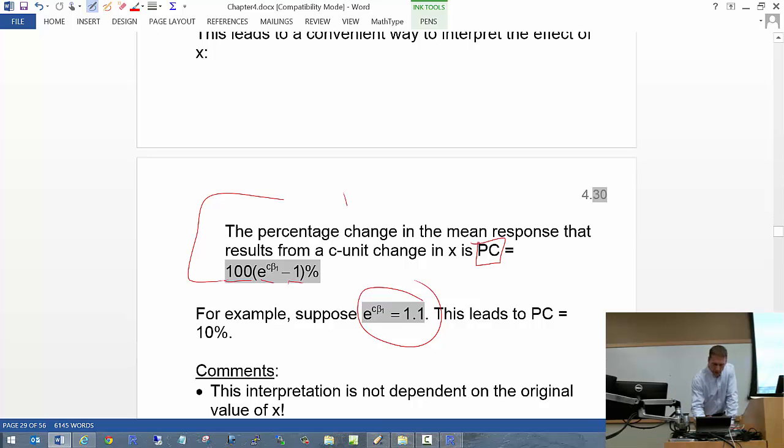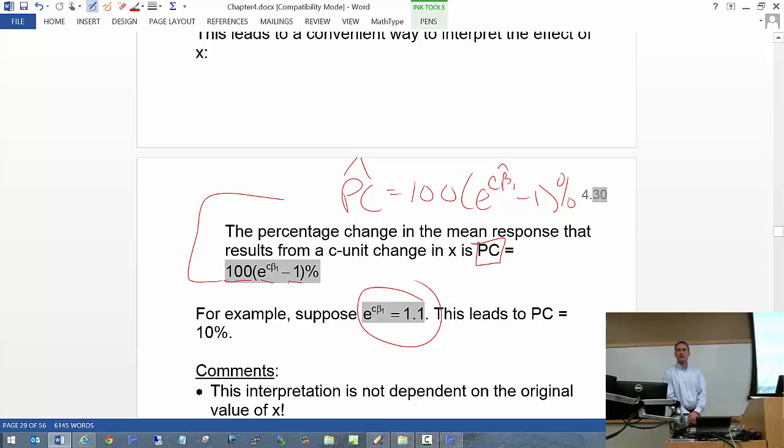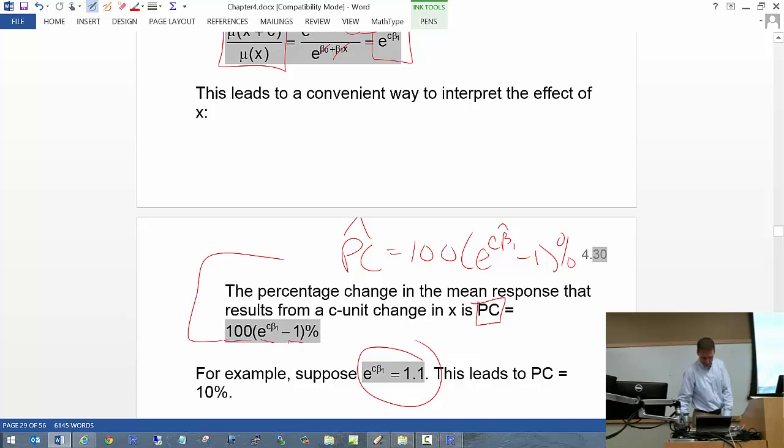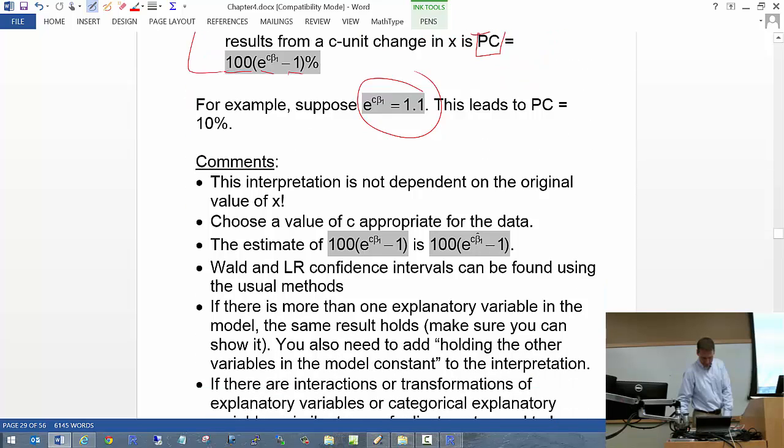Of course, PC hat would be 100 times e raised to the c times beta 1 hat minus 1, and then put a percent sign there. Okay.